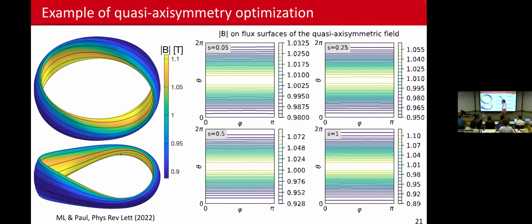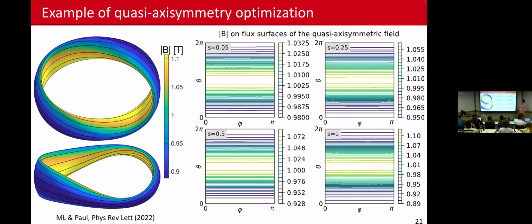What you're doing for each of these is you sample one of the interior surfaces until you get to s equals 1, which is the actual boundary, and you unravel the torus into the angles phi and theta, and look at mod B in that phi-theta plane, like you took the torus and flattened it out. And what you should see with quasi-axisymmetry is basically this band across the toroidal angle.